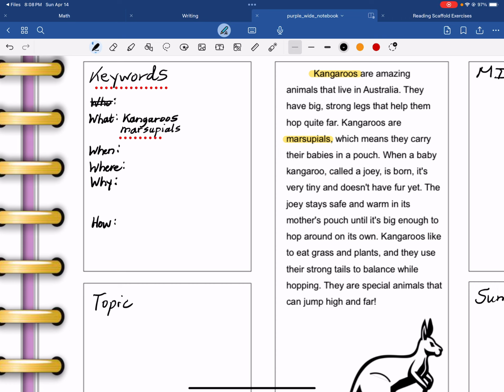A marsupial is an animal that does what? Carries their babies in a pouch. If I were doing vocabulary with this one, I would definitely use that as a vocabulary word. It also mentions a baby kangaroo, and that baby is called a joey.